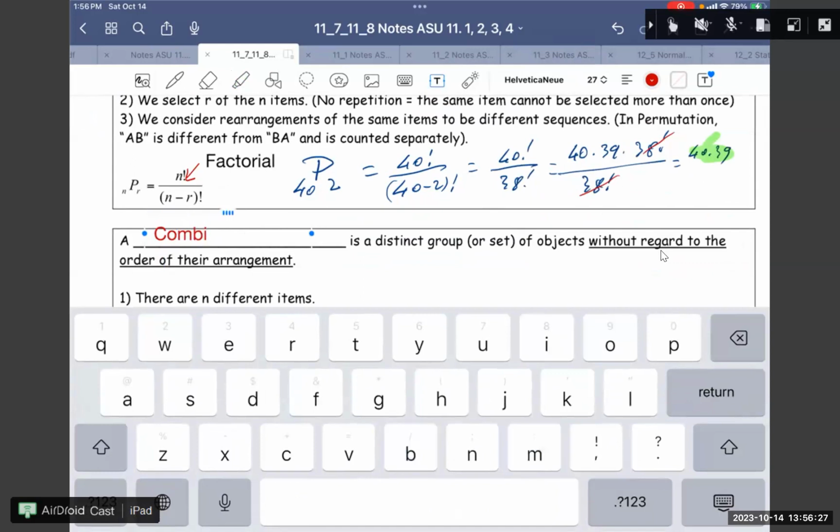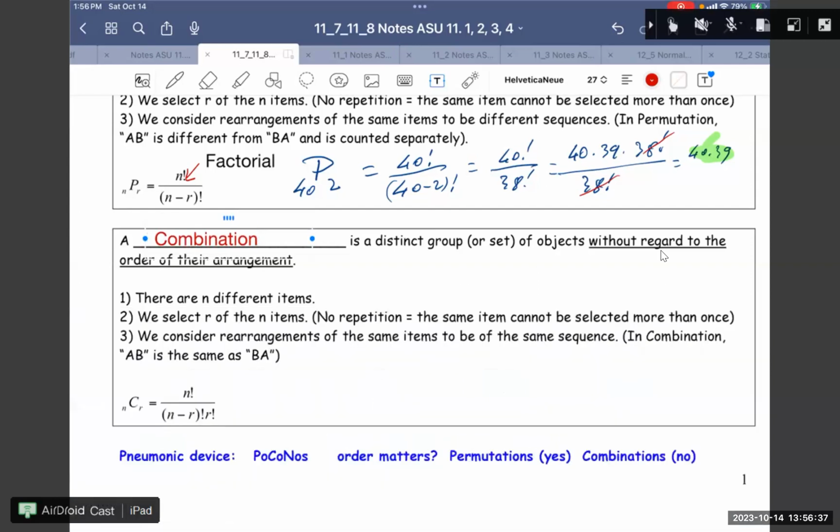So combination is a distinct group, the things of a group or the set of objects regardless of order, rearrangement. So there are N different items, we select R from N, and we still do the same thing. But that is the formula for that.